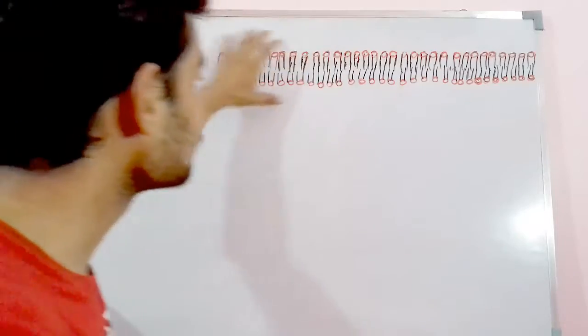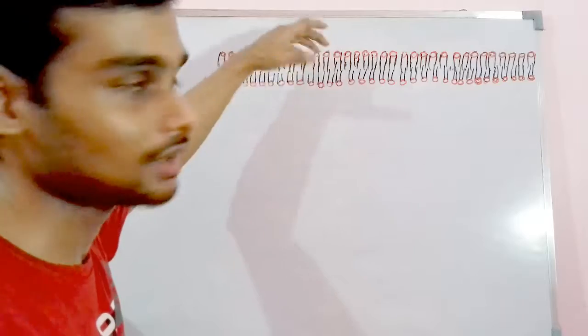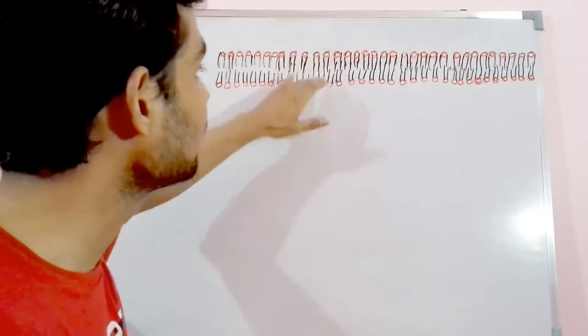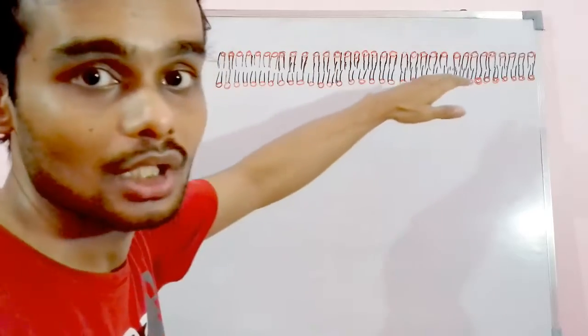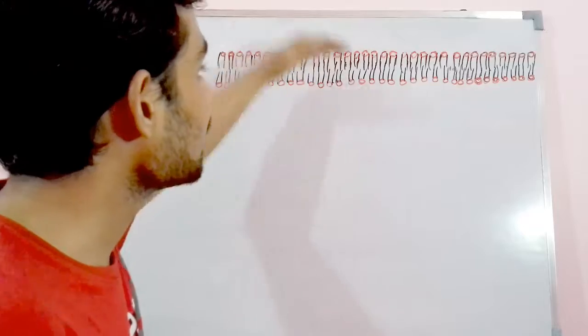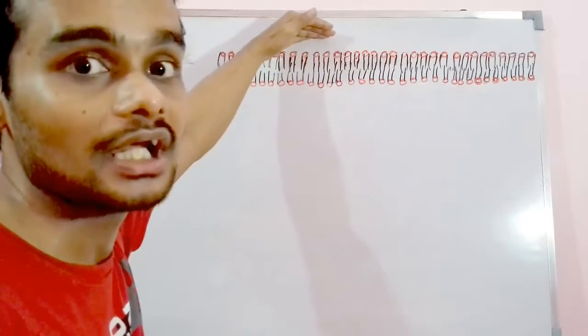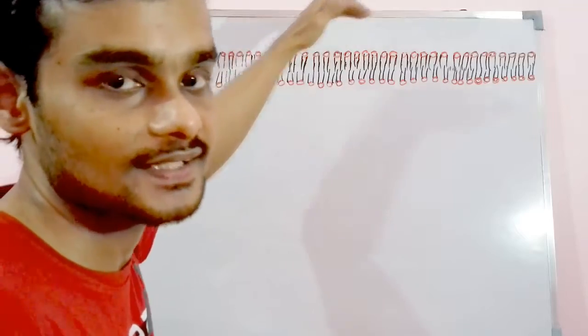So I've drawn a rough diagram of the plasma membrane of the hepatocytic cell. As usual, these two red-headed ends are the polar ends, which are hydrophilic, and this middle section is the hydrophobic, non-polar end. This portion is the cytoplasm or the intracellular space, and this one is the extracellular matrix, or the portion outside the cell.